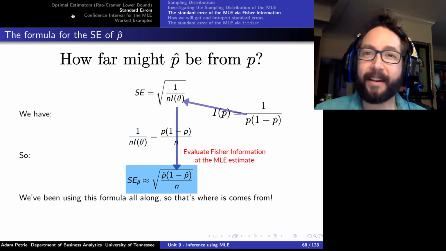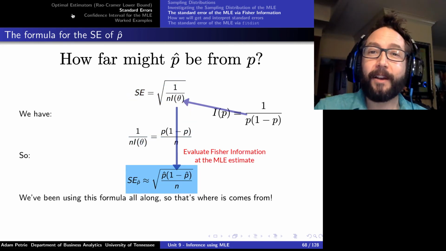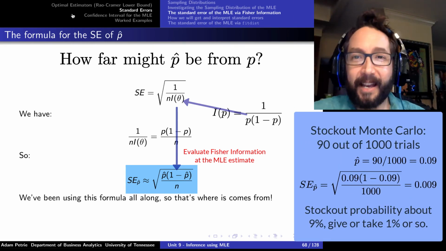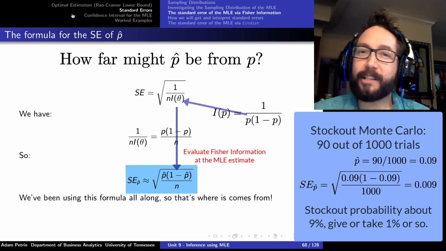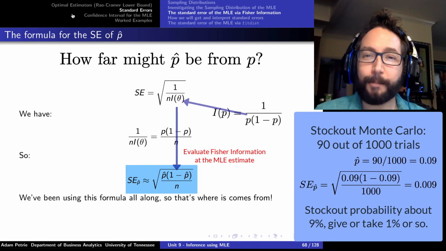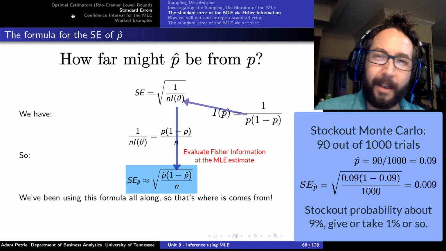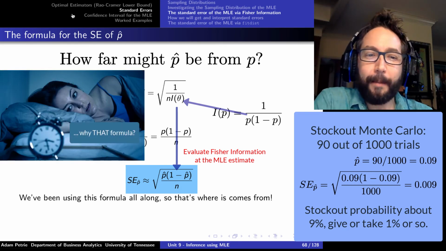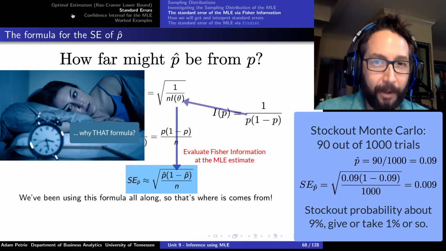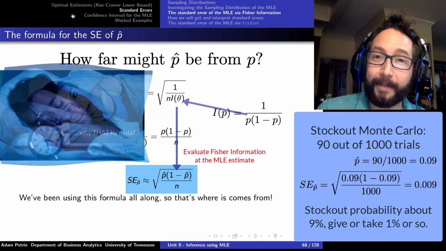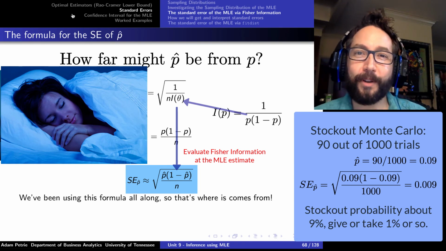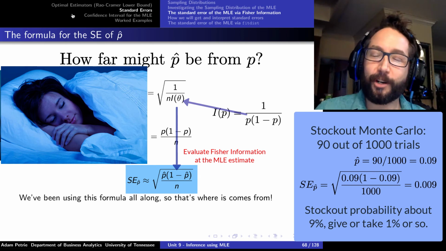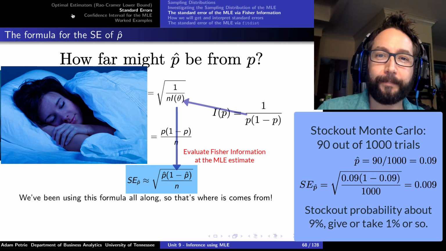Taking the square root of that and replacing the p's with our p-hats, we get the very well-known and famous formula that the standard error of an estimated probability p-hat is the square root of p-hat times 1 minus p-hat over n. So if it ever kept you up late at night wondering where that formula comes from, where it magically materializes from, this is where it's coming from. It's coming from the analysis of the Fisher information of that Bernoulli PMF that's generating the 1s and 0s associated with our Monte Carlo simulation.